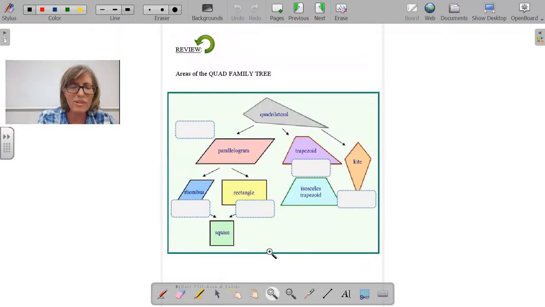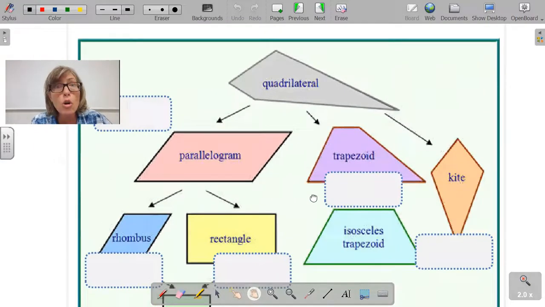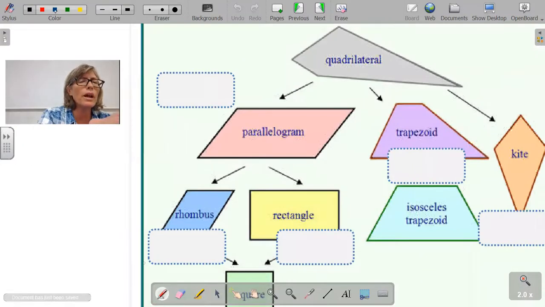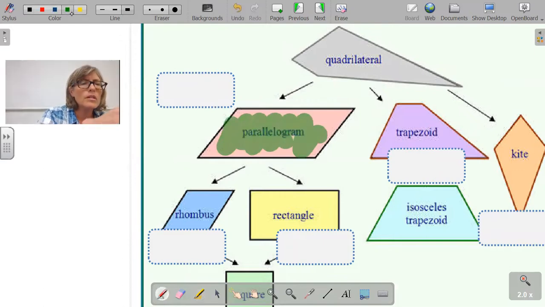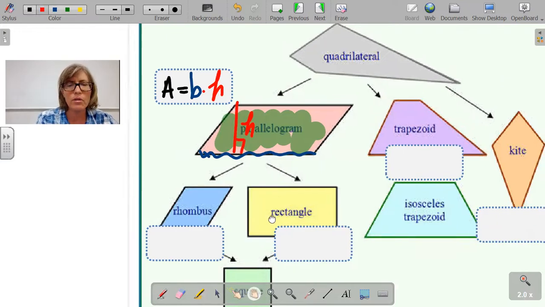Quick review. During class, we talked about the area of the quad family tree. Quick recap. Parallelogram. The area is going to equal the base times height. Remember, height always creates a right angle.